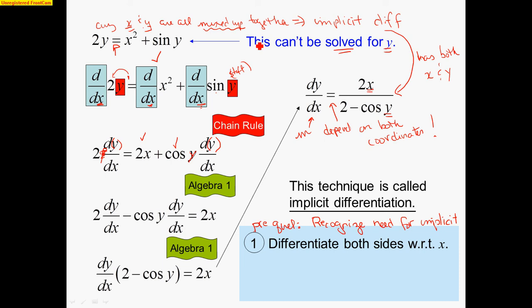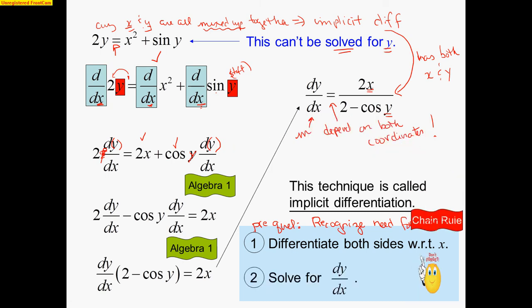You don't have y equals x stuff. Then you differentiate both sides. WRT is with respect to the same variable x. And you're always looking for the chain rule when your variable of differentiation does not match the variable in the equation. And then you use algebra 1 and get dy dx by itself.